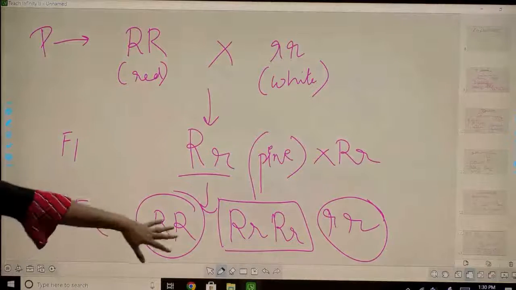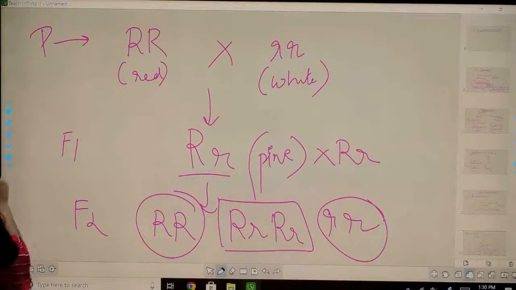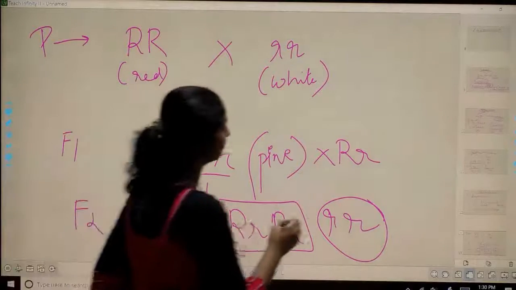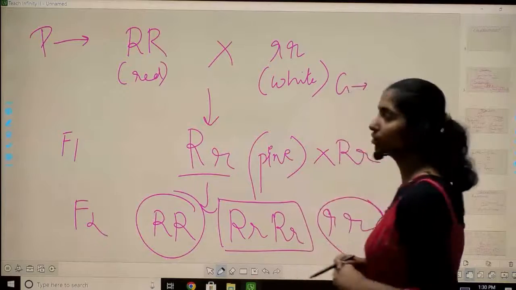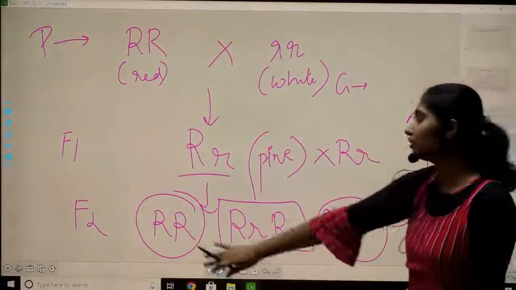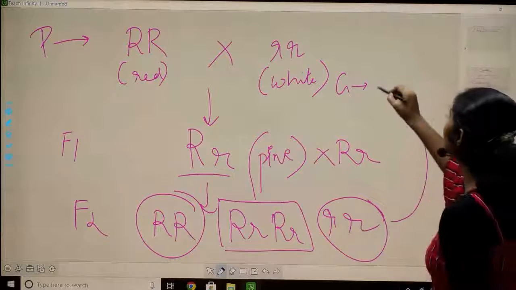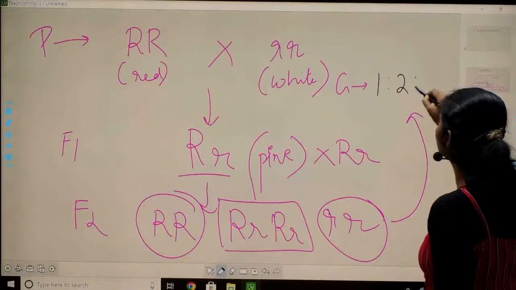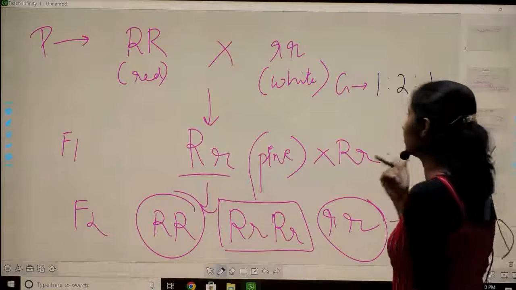So what's the ratio that you observe in the F2? Let's first talk about the genotypic ratio. The genotypic ratio is 1:2:1, very much similar to the monohybrid cross ratio, right?